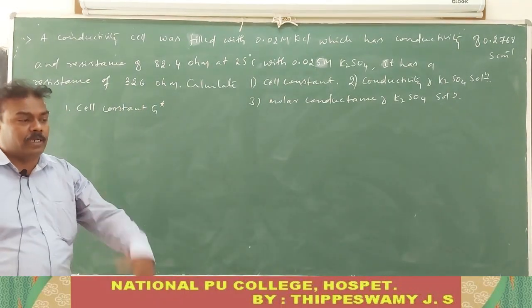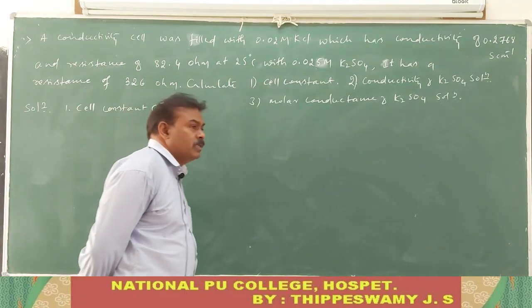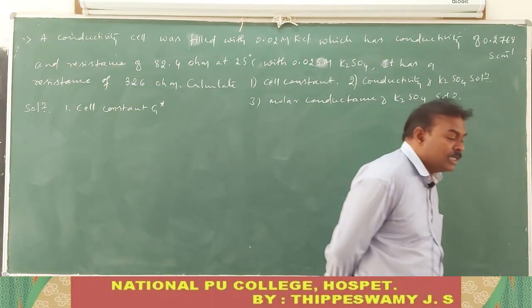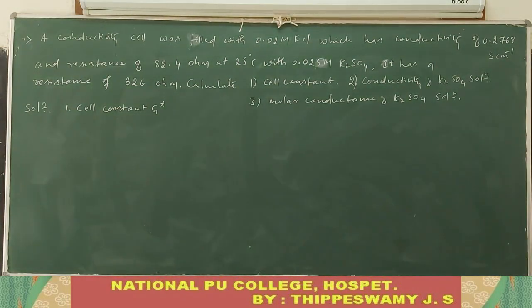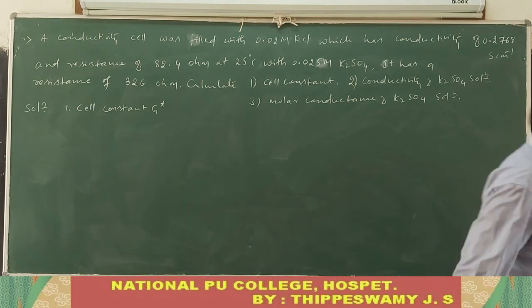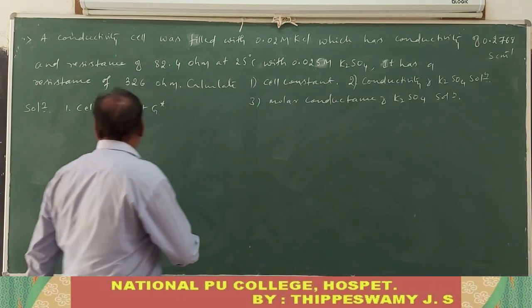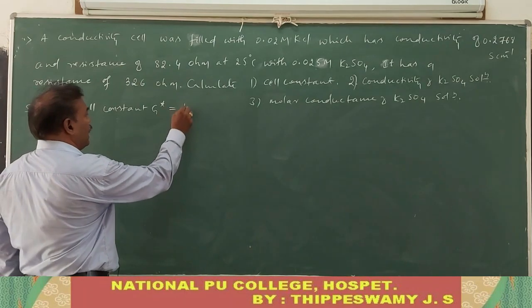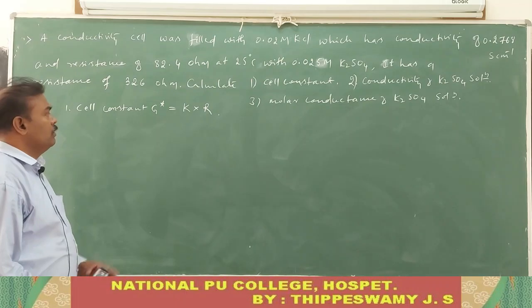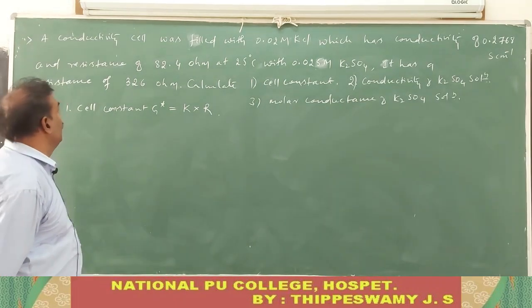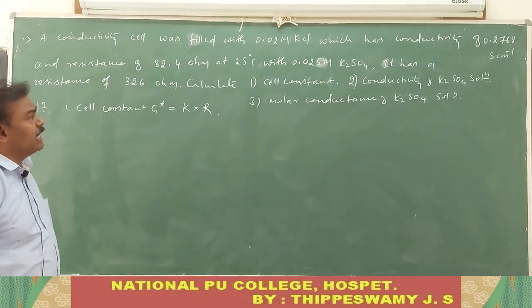First of all, we have to calculate the cell constant. How to find the cell constant? By using the relation G star is equal to K into R. First of all, what is K? K is the specific conductivity.